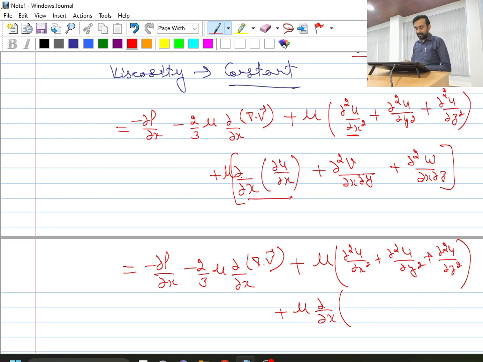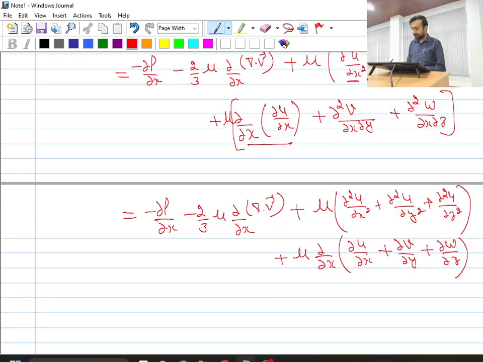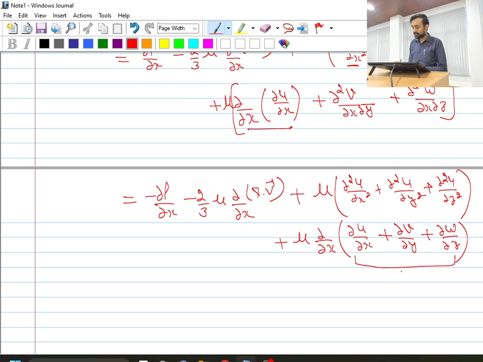So if I take del by del x common, inside I will be getting del u by del x plus del v by del y plus del w by del z. And ultimately, what is this term? This term is once again nothing but divergence of velocity. Fine. All are clear with this idea?